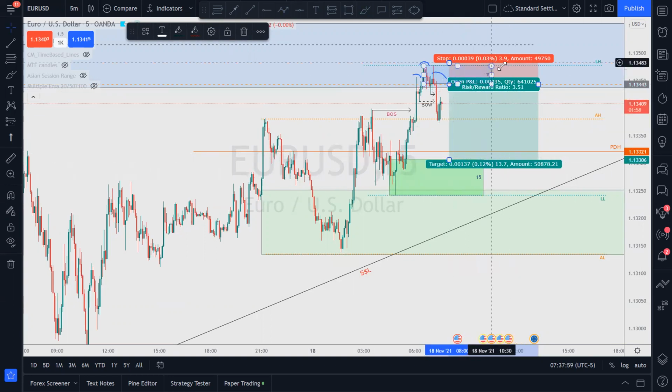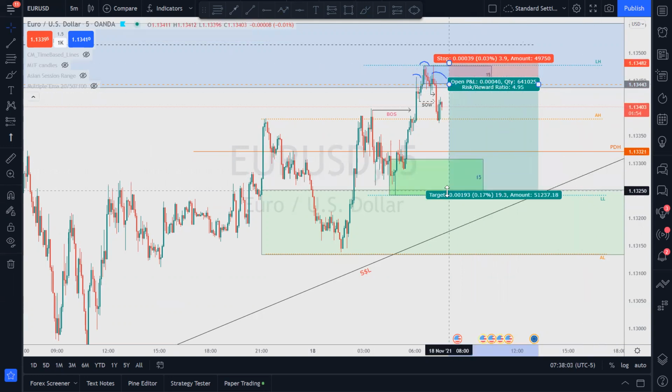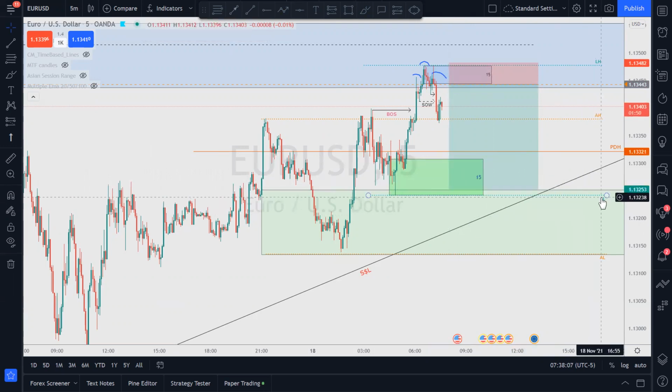So we're coming from a higher time frame order block. So we might want to be patient on this one and come down and aim towards these session lows, coming back down below the previous daily high.